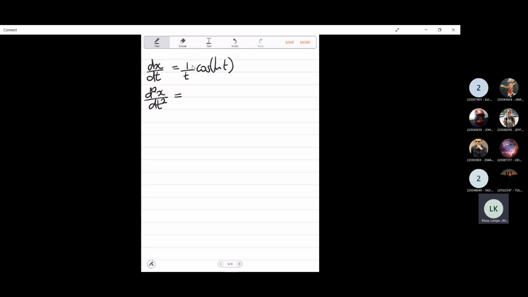The derivative of 1 over t is minus 1 over t squared, and then cos ln of t remains as it is, and then I add 1 over t, which must stay the way it is, and then the derivative of cos ln of t, which is minus sine ln of t, and then I have to multiply by the derivative of ln of t, which is 1 over t.